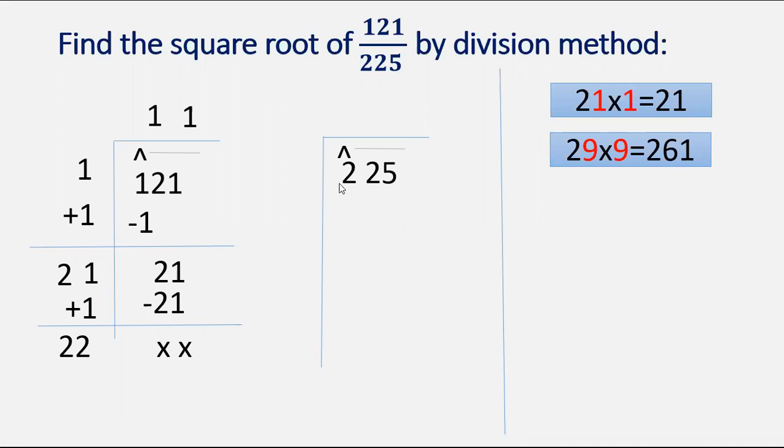So here 2 is there. Now I want here a number which multiplied by itself gets either 2 or less than 2. So students, 1 ones are 1, 2 twos are 4. So we cannot take 2 over here because when we multiply 2 with 2, we get 4.